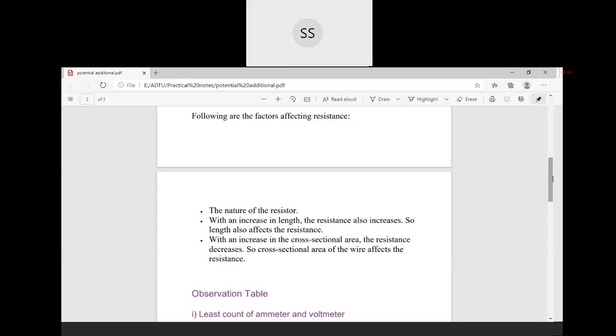So these are the factors which affect resistance: first the material, second length, third cross-sectional area. With the increase of length, resistance increases, and with the increase of cross-sectional area, resistance decreases. The material which has lower resistivity is copper.